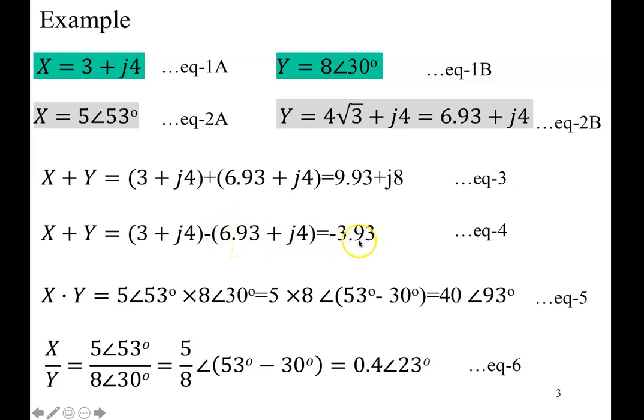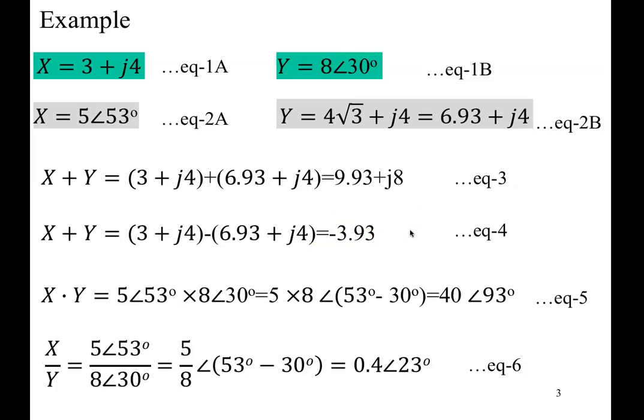That will give me minus 3.93. That's real part minus real part. Imaginary part is j4 for the first number, but the second number is also j4, so j4 minus j4, therefore the imaginary part disappears.